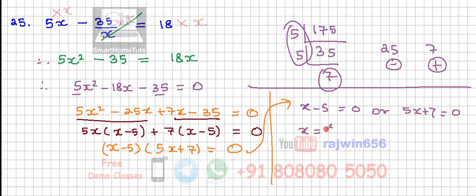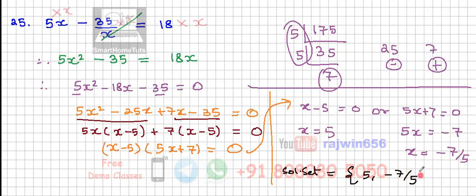So x is equal to 5, or 5x is equal to minus 7, so x is equal to minus 7 upon 5. This is going to be our solution set, which is 5 and minus 7 upon 5.